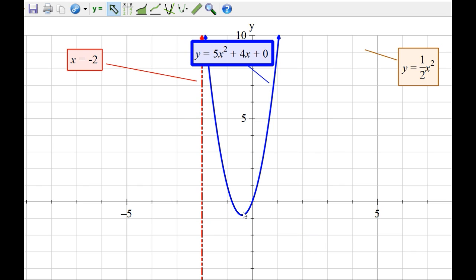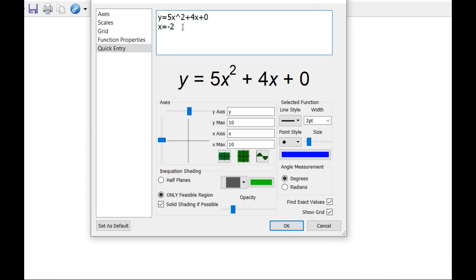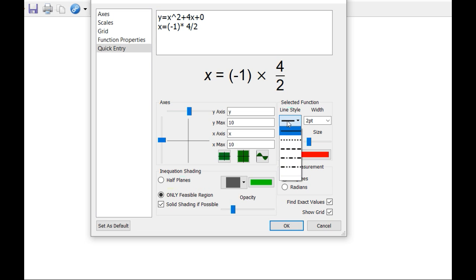Why is that? Well, that is because really, let me get rid of that 5, we have there x is equal to, if you like, -1 times the 4/2. And it's the dotted line.